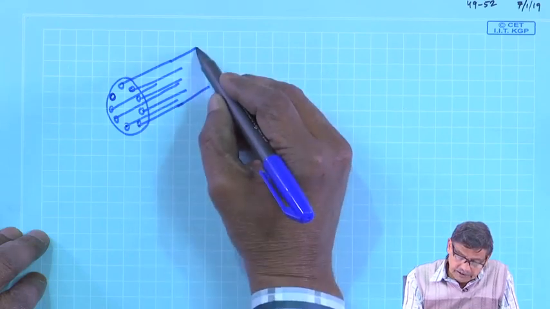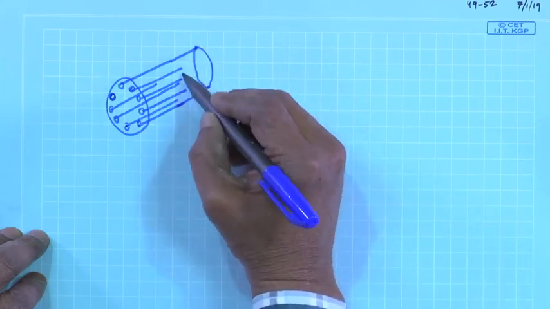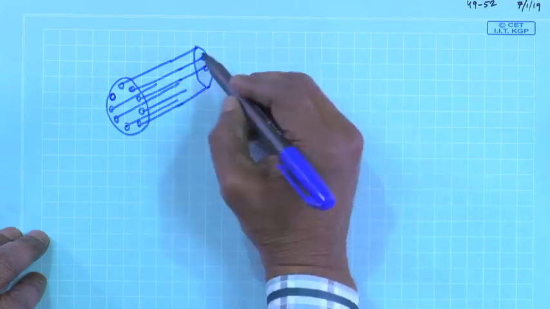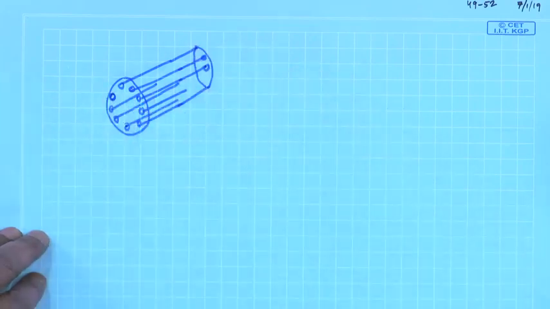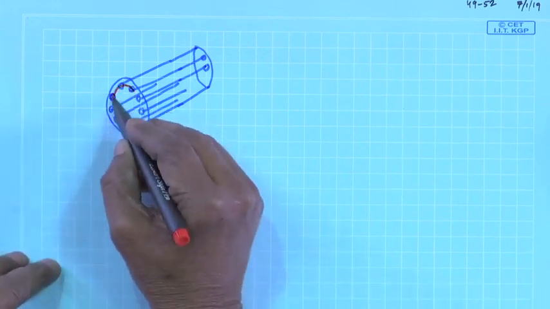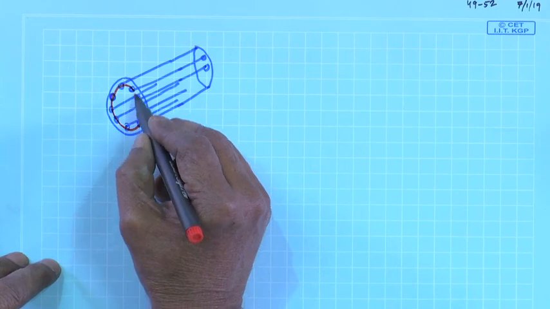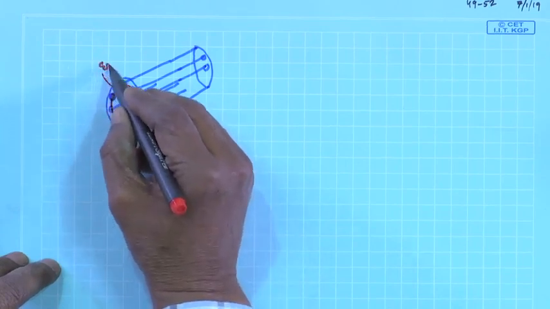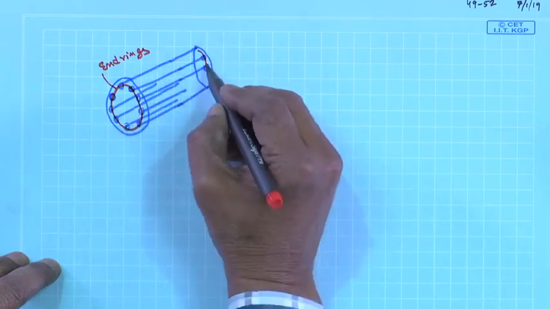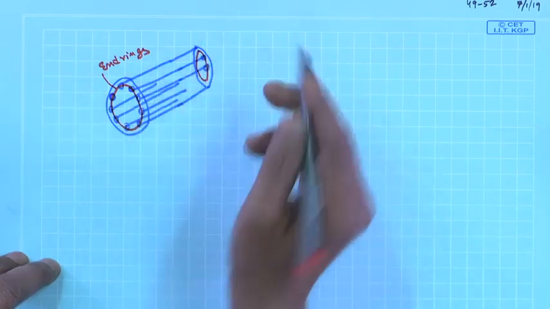And on the other side also they will be terminated here. For each one of them they will find an end, but all these terminals are short circuited at both the ends by what is known as end rings. This side and also this side, all are short circuited.